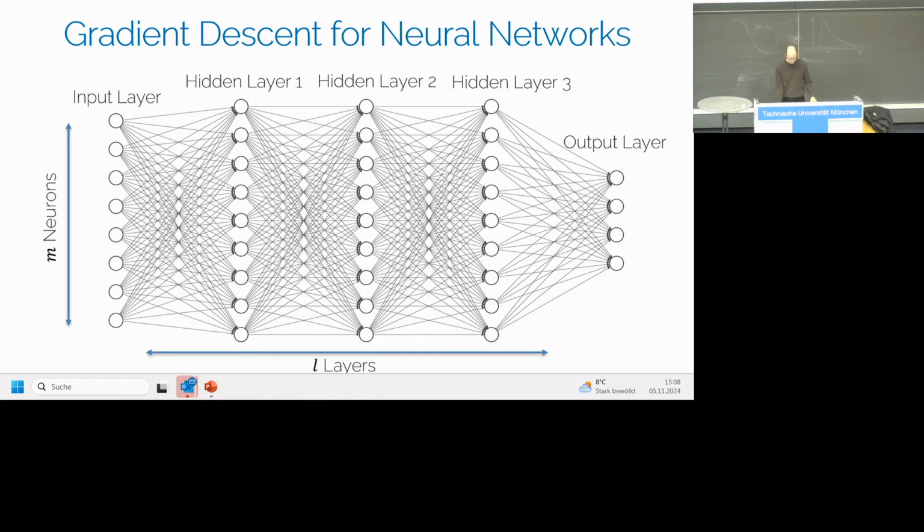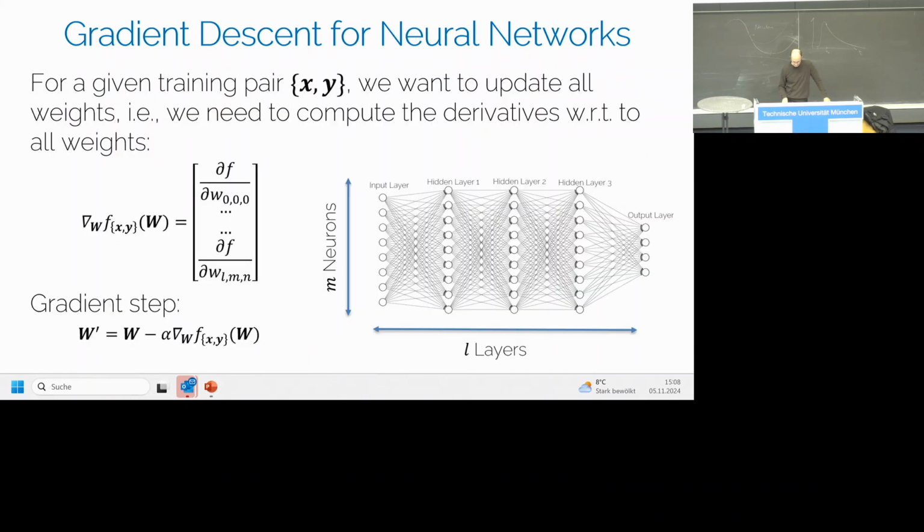Now let's go back to neural networks. Here is a bigger neural network with L layers, M neurons, and for simplicity we assume it's the same number of neurons per layer, but as I said, it doesn't have to be. And then we can define the gradient vector, and that can be big, right?